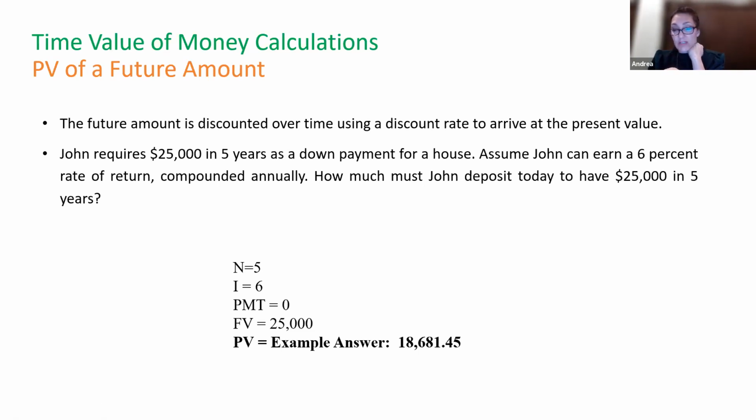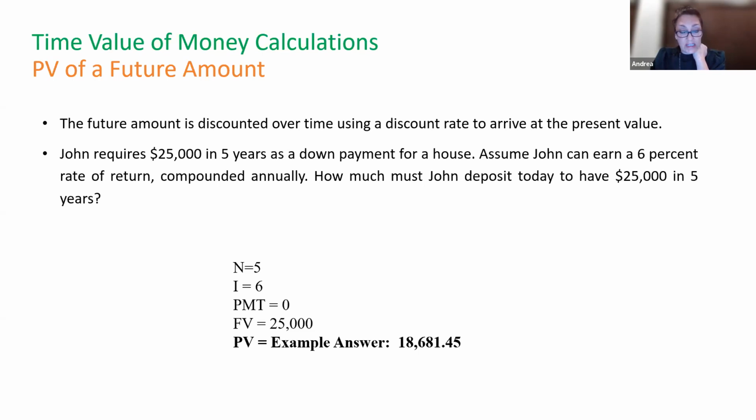I'm going to encourage you to always hit the shift button before you hit the N button. So even though your calculator is set for one payment per year, if you hit 5 and then N, it's going to populate to 5. If I actually hit 5, the shift button and N, it shows 5.